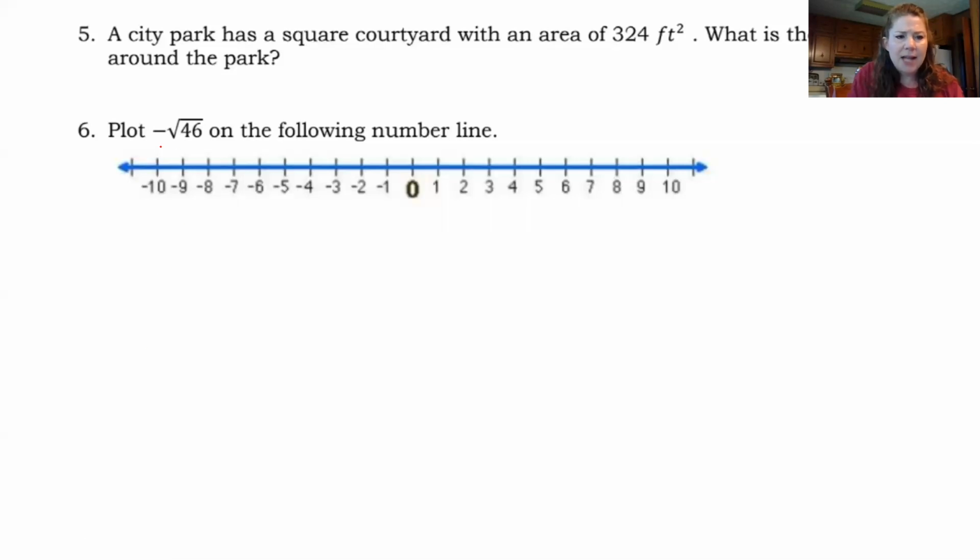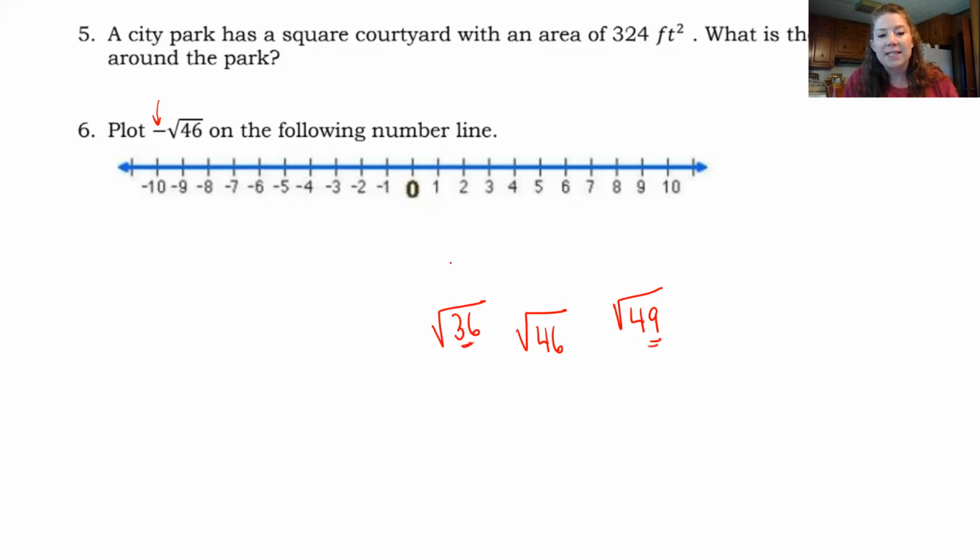Number 6, plot negative square root of 46, or the opposite of the square root of 46, on a number line. Ignore that for just a second. Between what 2 whole numbers would I find the square root of 46? Well, I know that 49 is a perfect square, and the one before 46 would be 36, which is a perfect square, right?